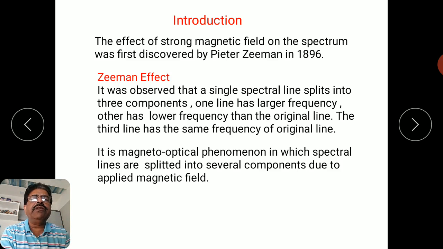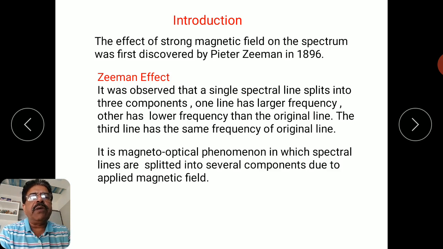In this chapter we are also going to study how one can explain the Zeeman effect on the basis of quantum physics, and also the Zeeman effect for a single valence electron system.